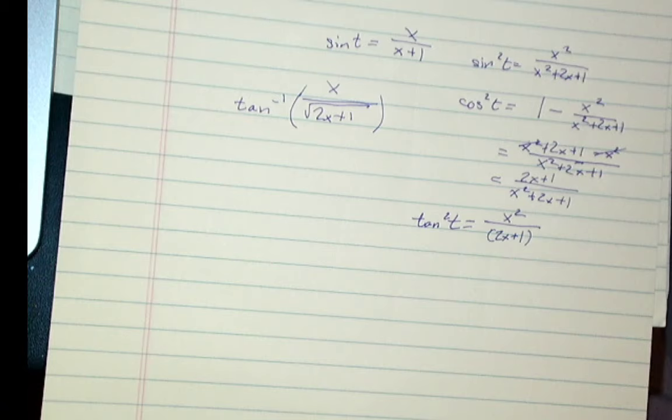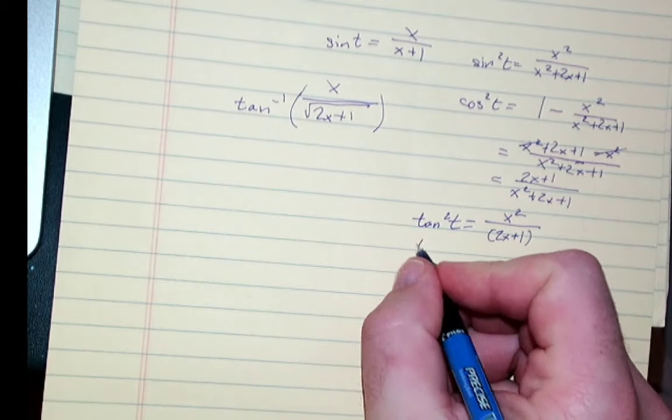Now there's one tricky bit here, which is we're not actually told very much about the signs of these things. That's okay. We're not told about the sign of x, but we can more or less work it out. So what's tangent t then?